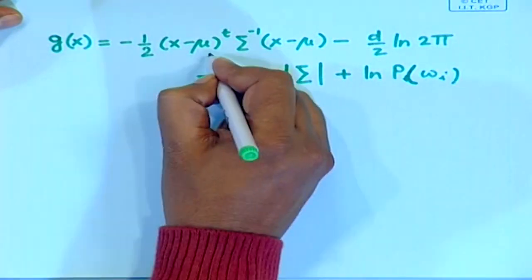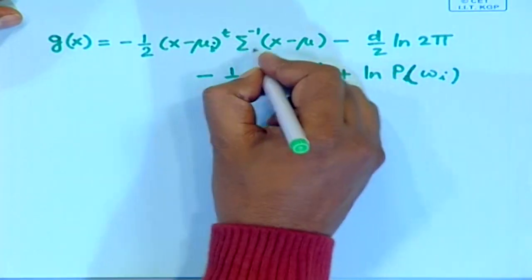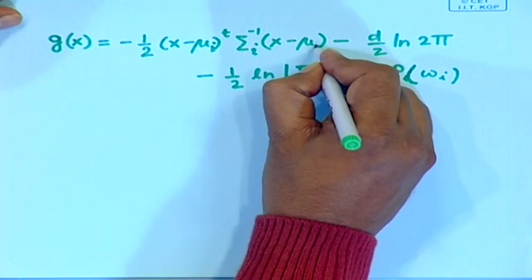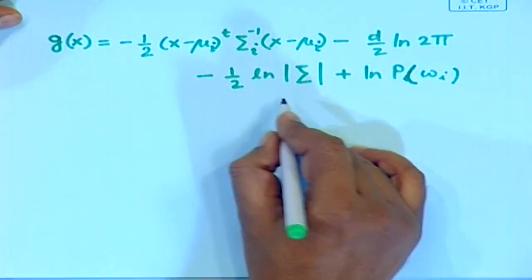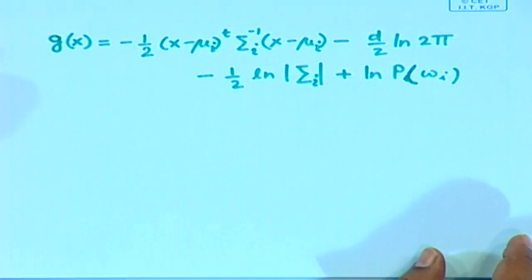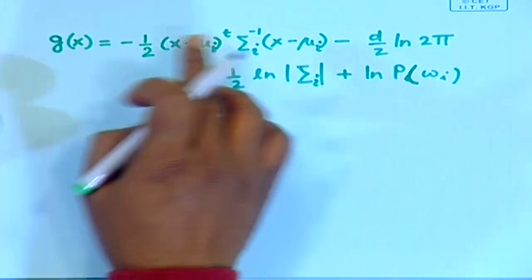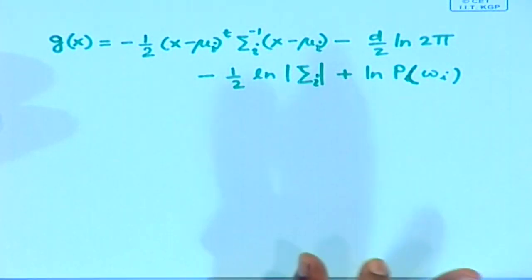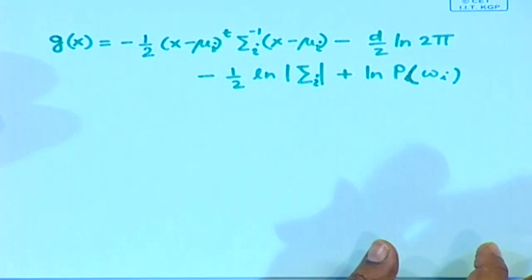All these have to carry the index i: (x minus mu i) transpose sigma i inverse (x minus mu i), and sigma i. So this was the discriminating function for the ith class.